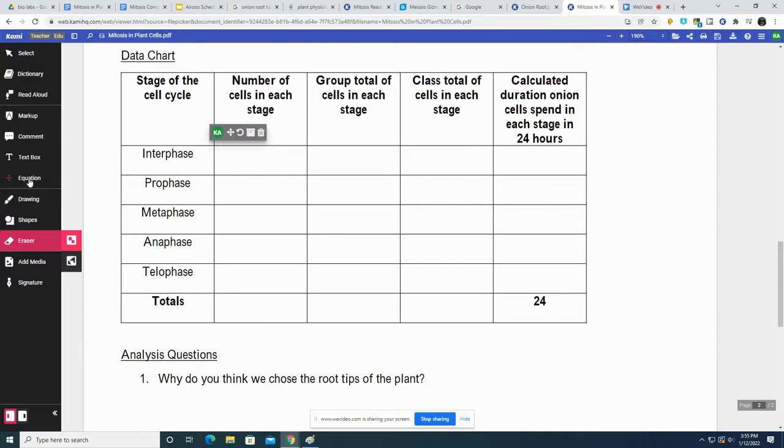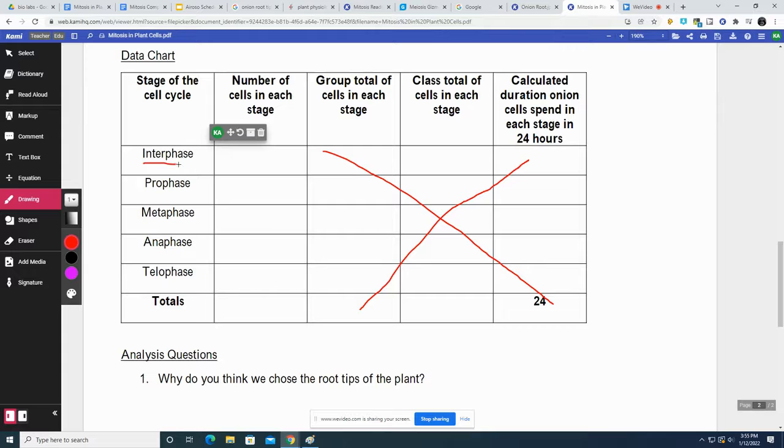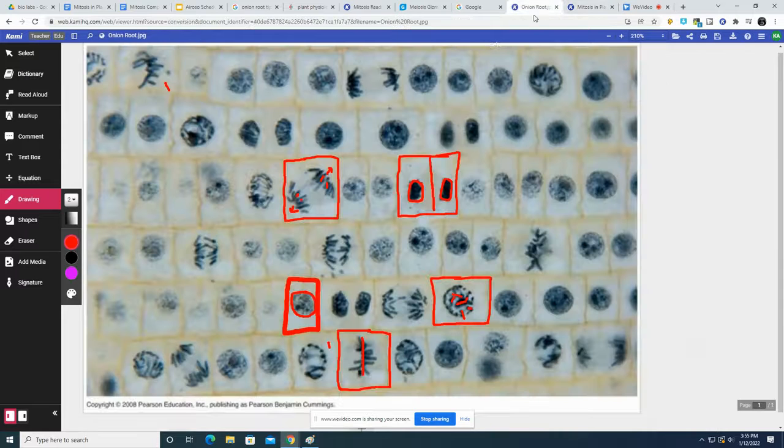You can go like this, first of all, to the last three columns. For interphase, you have to count how many cells are in interphase. I'm going to count them. There's 1, 2, 3, 4, 5, 6, 7, 8, 9, 10, 11, 12, 13, 14, 15, 16, 17, 18, 19, 20, 21, 22, 23, 24, 25, 26, 27, 28, 29, 30, 31, 32.